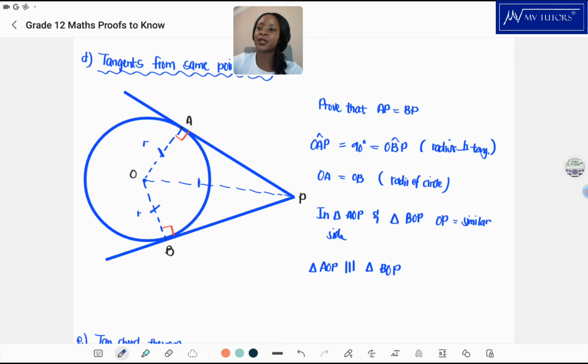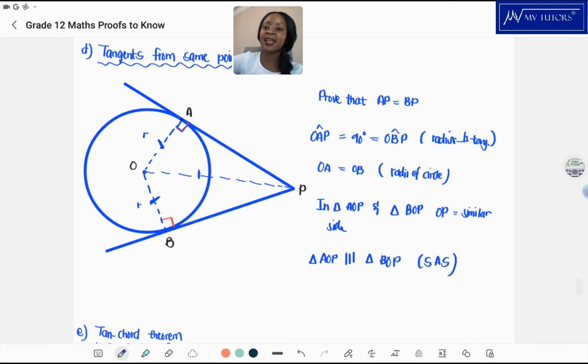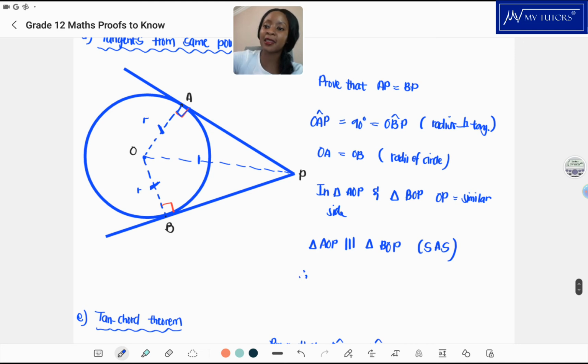And the reason would be side, angle, side, because we showed the sides, which are the radii, the angle, which is the 90-degree angle, and also the common side. So side, angle, side. Therefore we can say that AP will be equal to BP. Okay, I think that is it.